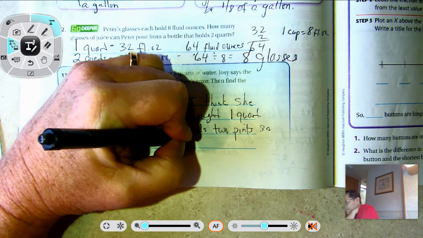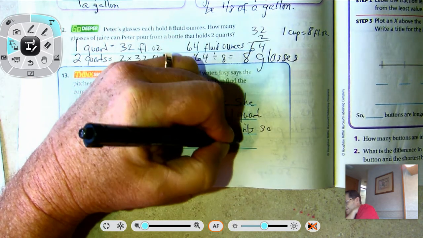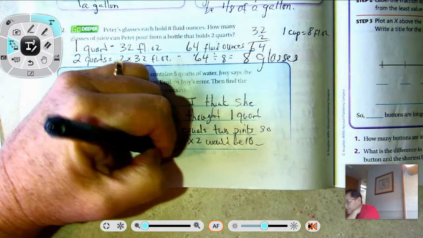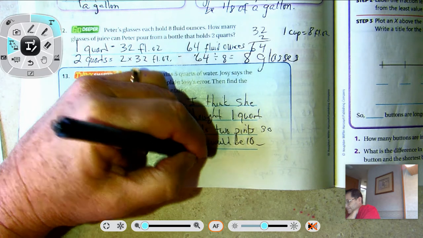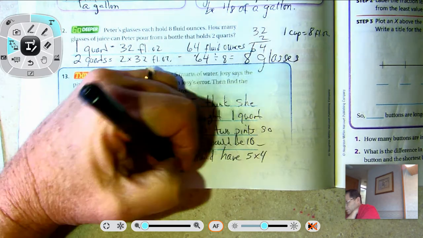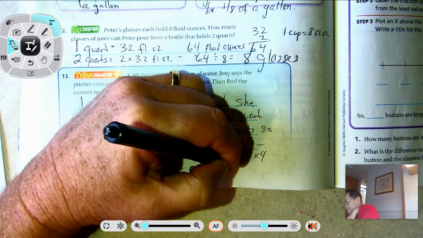So 5 times 2 would be 10. It should have been 5 times 4, or 20 cups.